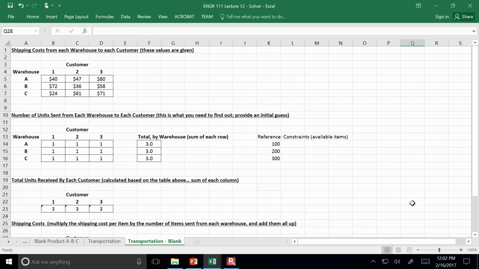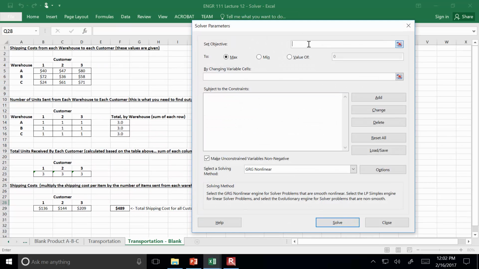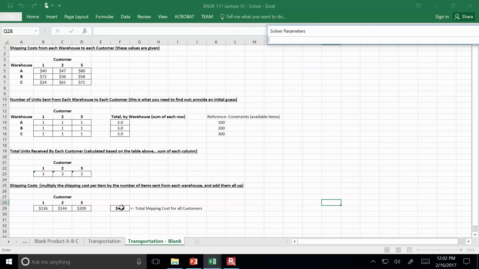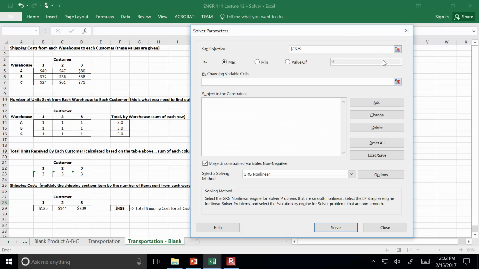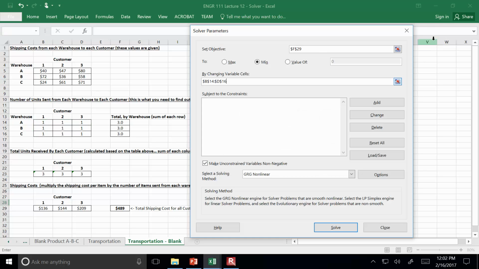So now this is where things get a little tricky. It's where I have to program in the constraints. So data, solver. Okay, so my objective is to have the lowest possible total shipping cost. So I want that to be minimized, so min. And for the changing variable cells, I'm going to click this entire range because it can change any one of those.